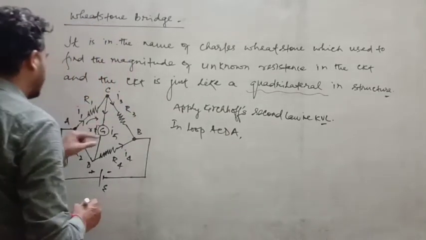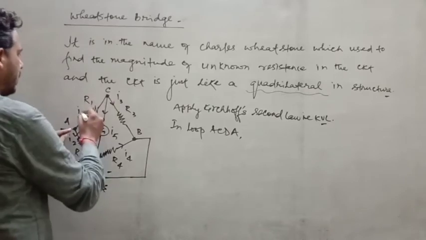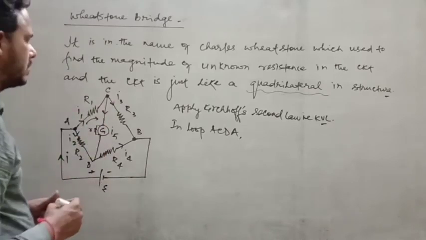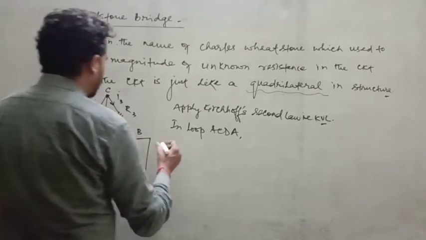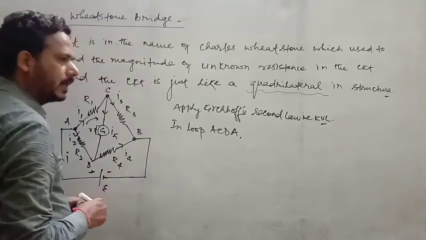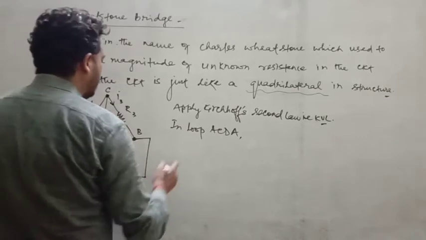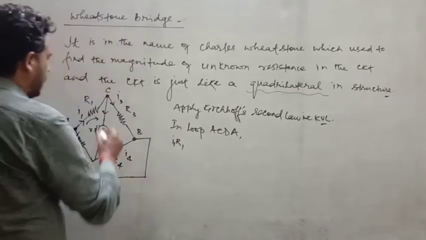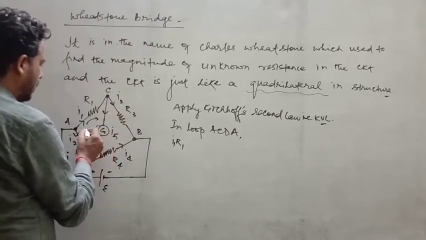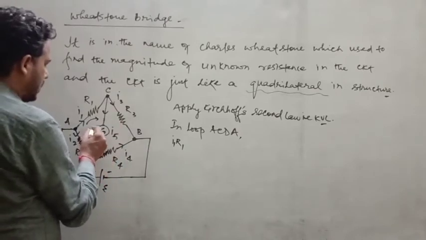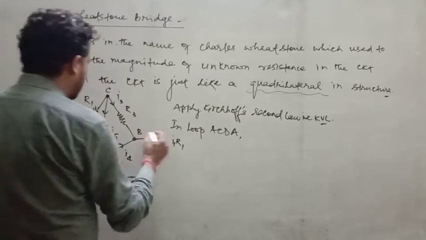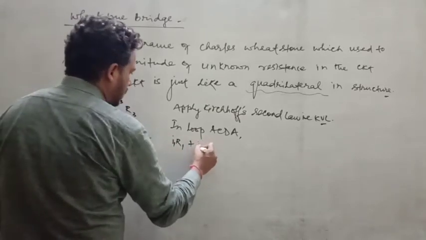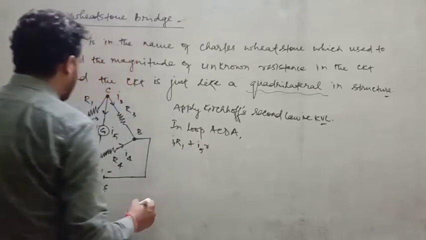After application, you go from A to C. How much will the potential drop in this R1 resistance? That would be I1R1, and because we are going in the direction of current, that would be positive. Now in this section you have a small internal resistance r, in the direction of current, so that would also be positive, I5r.